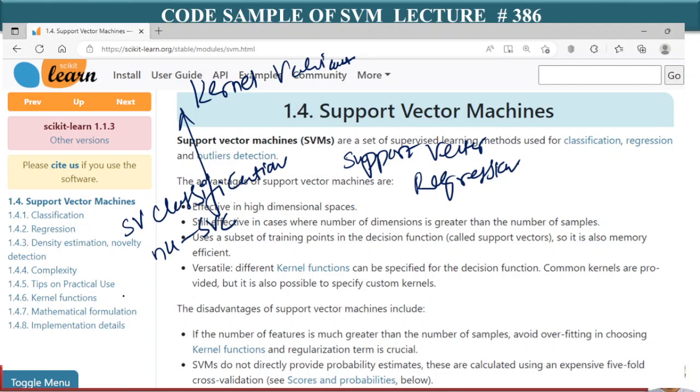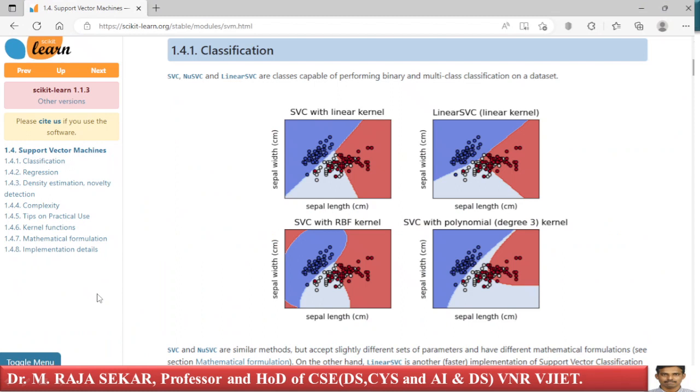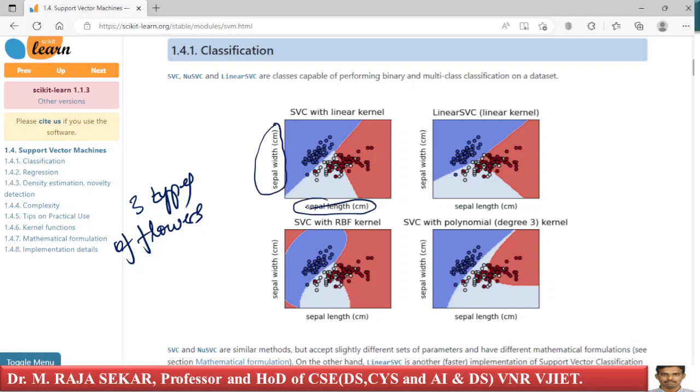Suppose in the iris dataset, we already discussed the iris dataset long back. There are three types of flowers. If you look at sepal width on the y-axis and sepal length on the x-axis, they have two features.